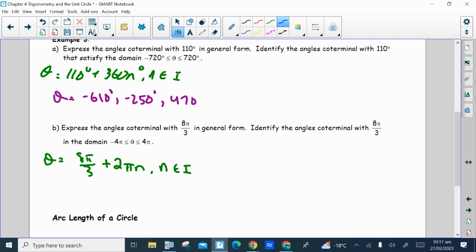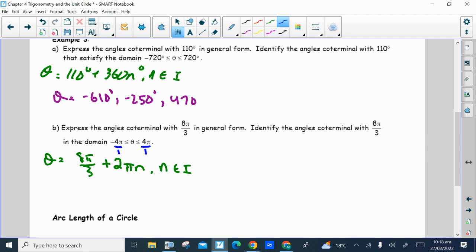And we also want to state all angles that are coterminal with 8 pi on 3 that fall within the domain of negative 4 pi to positive 4 pi. Now, our original angle has a denominator of 3, 8 pi on 3. So to make things easier, I'm going to write my domain also with denominators of 3. This negative 4 pi is negative 4 pi over 1, same with the positive 4 pi.